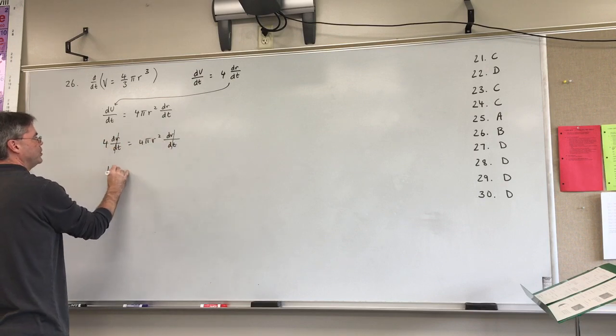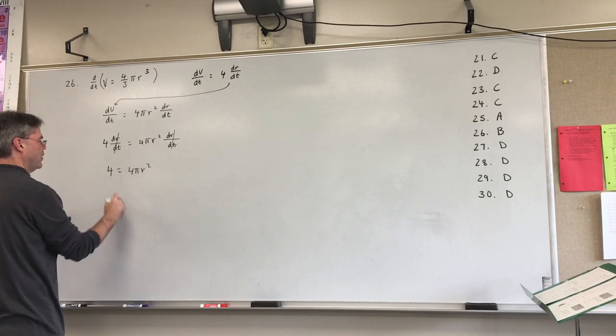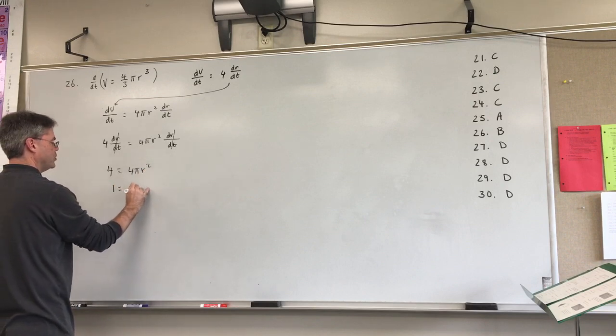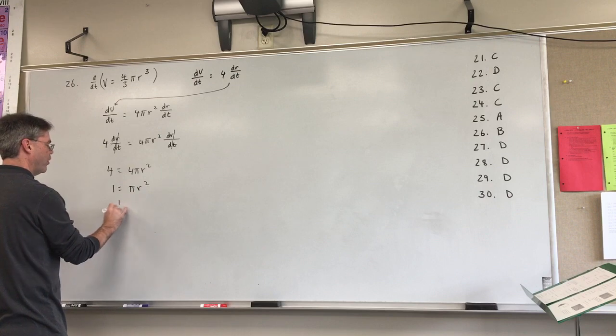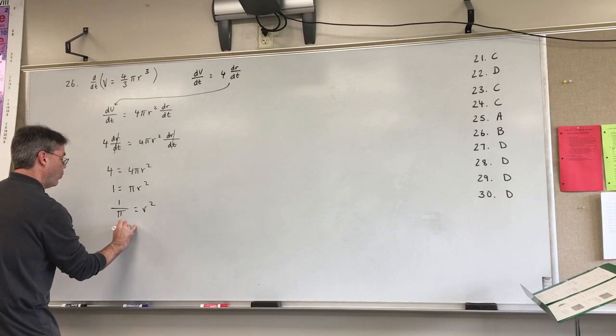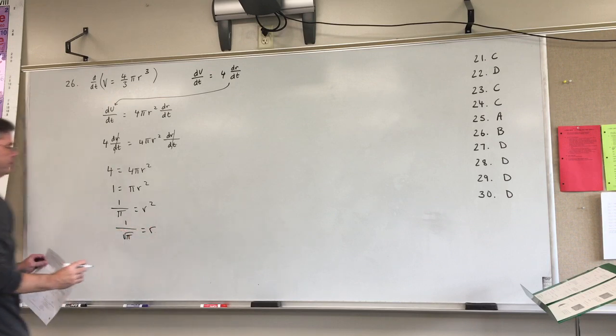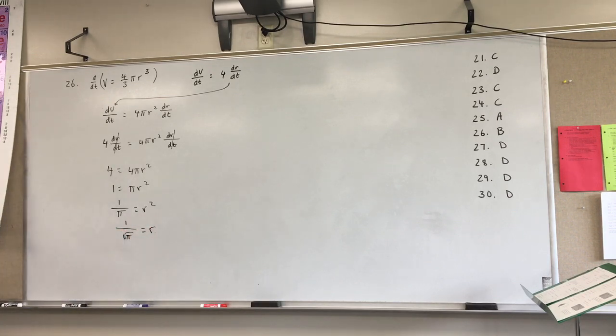And I've got 4 is equal to 4 pi r squared. So 1 is equal to pi r squared. 1 over pi is equal to r squared. So 1 over the square root of pi is equal to r. All right, let's hope that's one of the answers. And it is B.